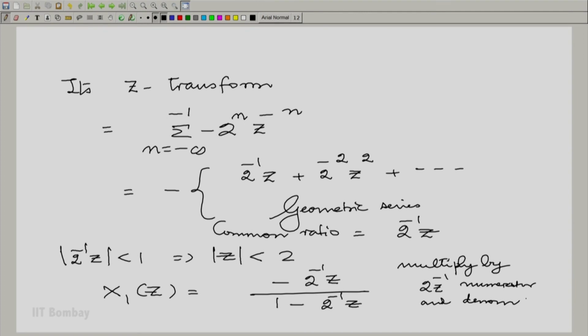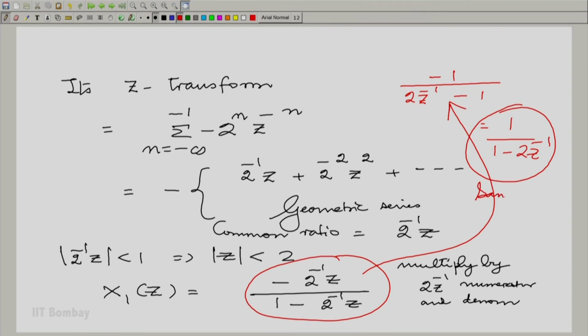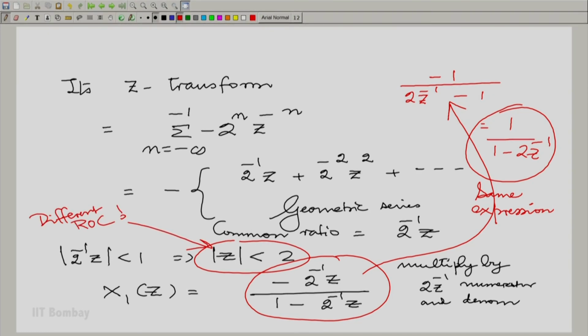If we do that, when you multiply by 2 Z inverse, it would be minus 1 divided by 2 Z inverse minus 1, which is 1 by 1 minus 2 Z inverse. Very interesting. So, x1 Z and X Z have the same expression 1 by 1 minus 2 Z inverse, but a different region of convergence. That is very interesting.